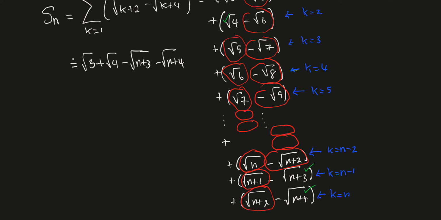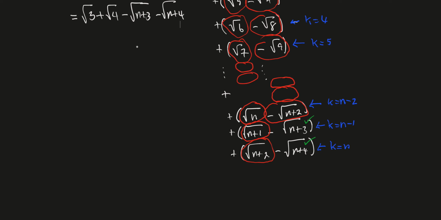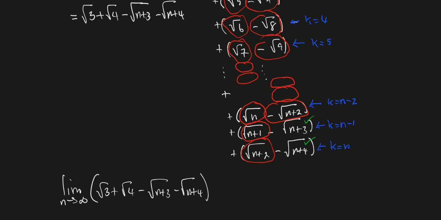Now once we have this, we have to find the limit of s sub n to see if our original series converges. So let's take our limit as n goes to infinity of our nth partial sum, which we have right here: root 3 plus root 4 minus root n plus 3 minus root n plus 4.